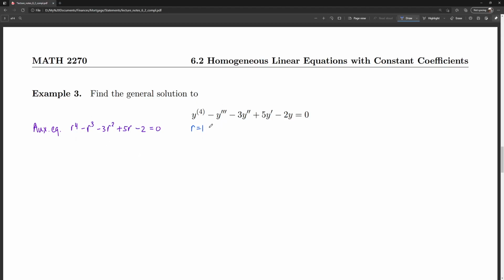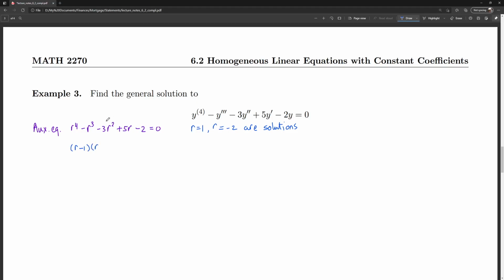But r equals 1 and r equals -2 are solutions. You should verify that.